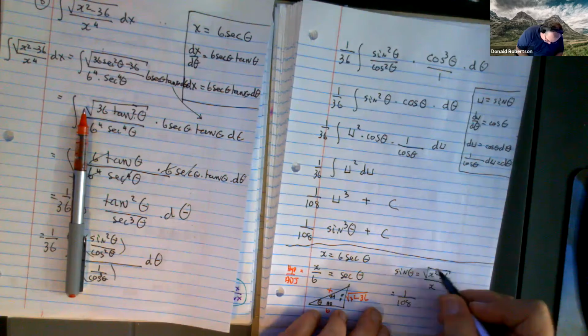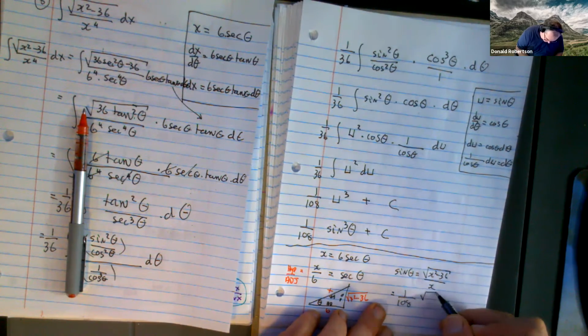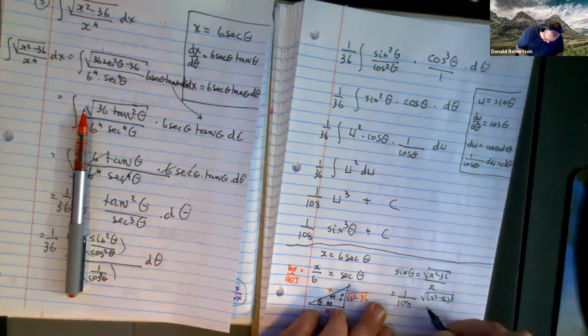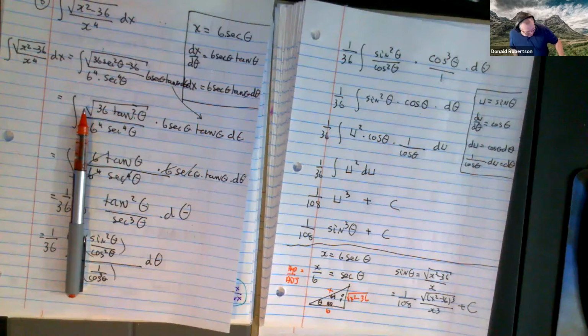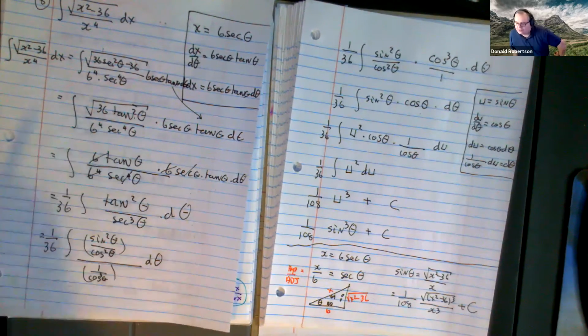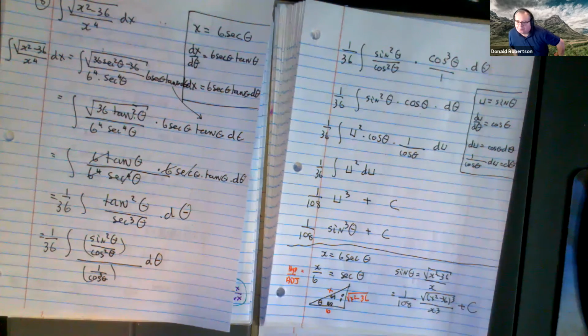Now, if you cube this guy, you're going to get the square root of x squared take away 36, cubed, all over x cubed, plus c. And we are finished. And I did that one in 11 minutes, which is faster than I thought I was going to do.